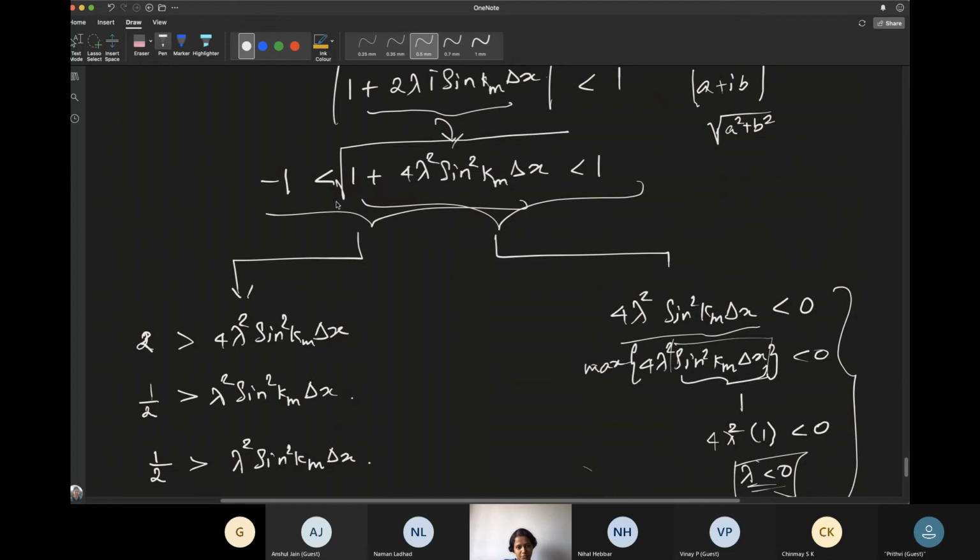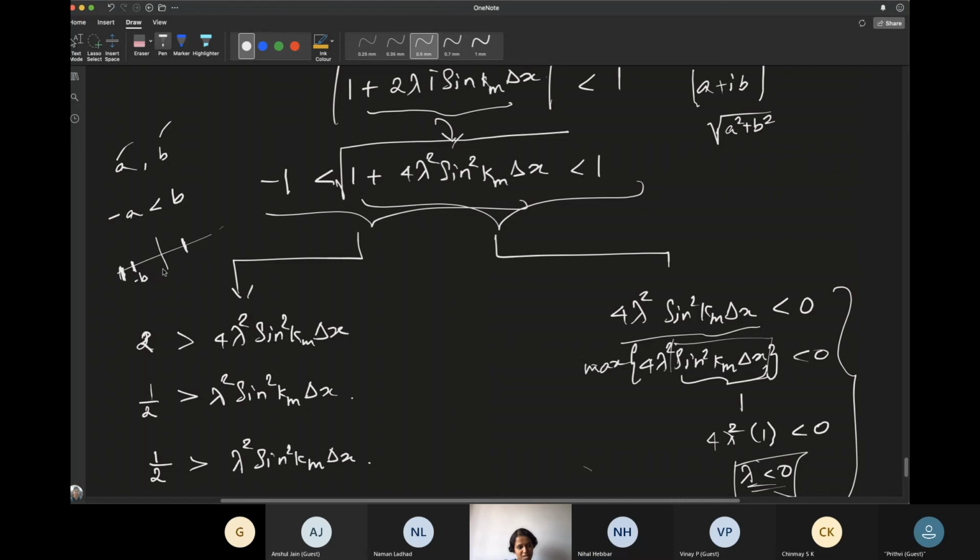This is positive. When you square, when you have two numbers a and b both being positive, when you say minus a is less than b, then only that time the sign will change. No? We don't know. We cannot say that. Yeah, true.